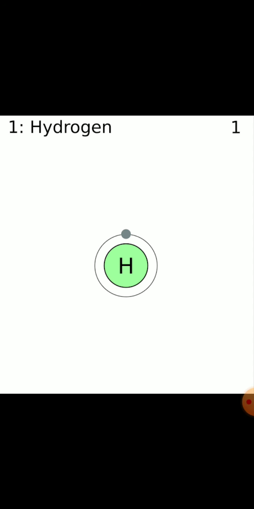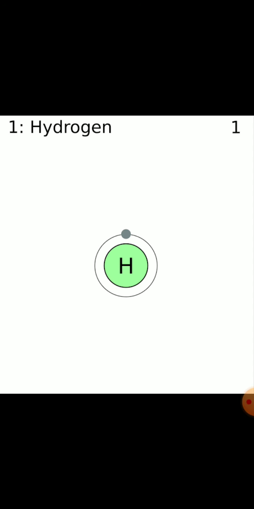Another reason is that it can be placed in group 17 also. Now we know group number 17, that is halogens, and all the elements in group 17 gain an electron. Here, while forming compounds, hydrogen can gain an electron also, to fill its configuration.